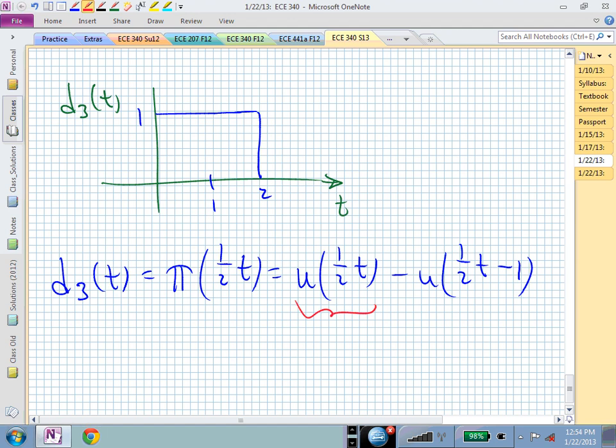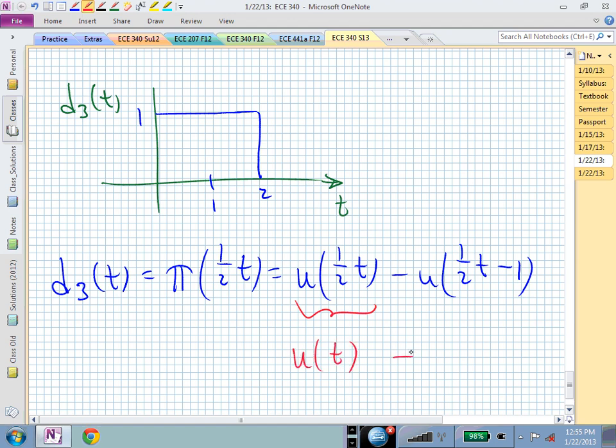When is this u of 1/2 t going to turn on? At 0, isn't it? When does u of t turn on? At the same time. So we could actually just write this as u of t, couldn't we? This u of 1/2 t, expanding the time axis, doesn't mean anything for the unit step, as long as there's no time shift in the argument. So this u of 1/2 t, we could write as simply u of t.